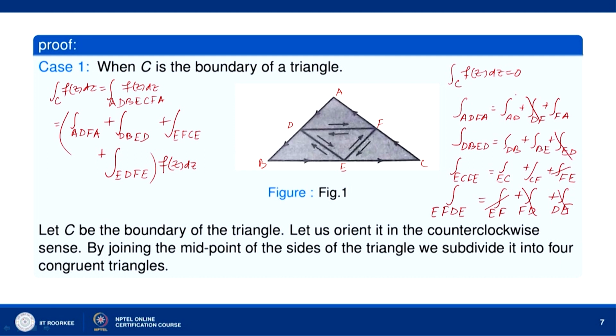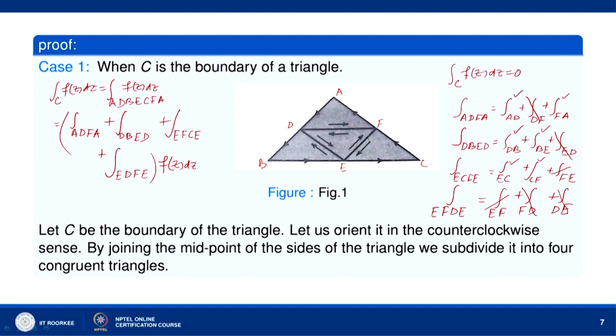And what we have is A D plus D B, which means A B. Then we have B E plus E C, that means the integral over B C, and then two more, C F and F A, that is the integral over C A. So, the integral over C of f(z) dz, which is the integral along A B plus the integral along B C plus the integral along C A, can be written as the sum of 4 triangles.